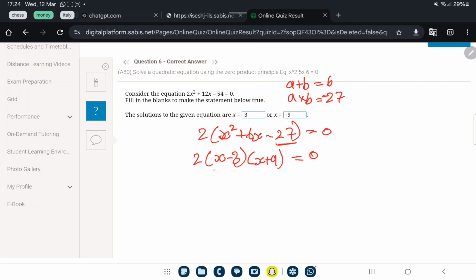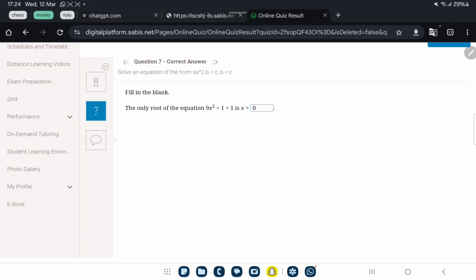And then we said before, one of these has to equal 0. So it's x minus 3 equals 0, so x equals 3. Or x plus 9 equals 0, so x equals minus 9. So your answer is x equals 3 or minus 9. Next, the only root to the equation 9x squared plus 1 equals 1.